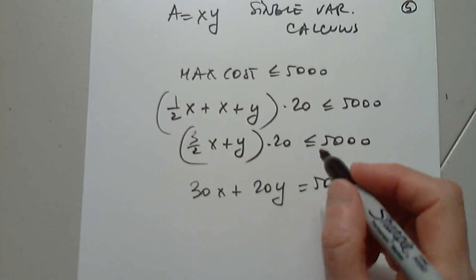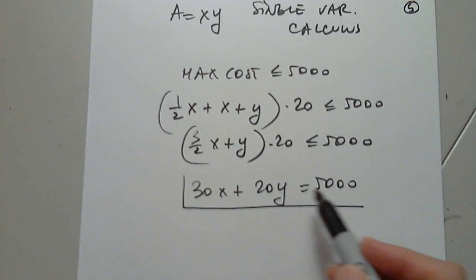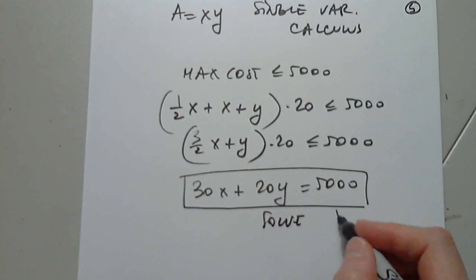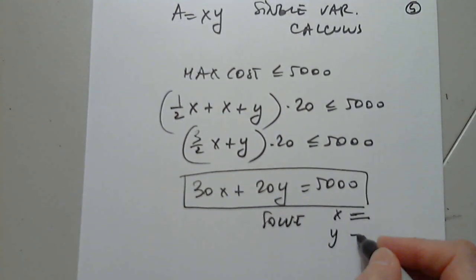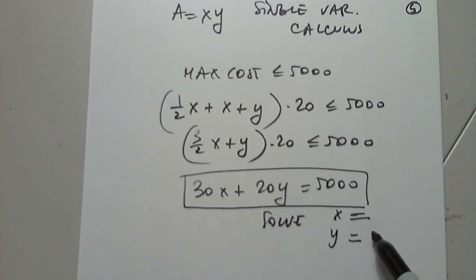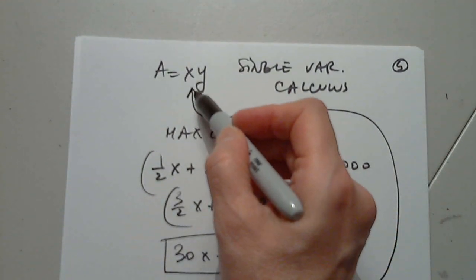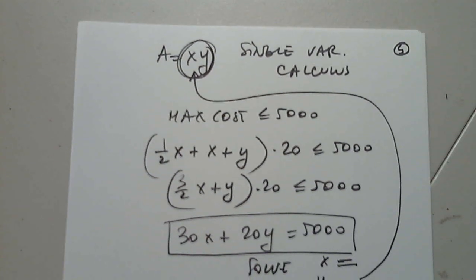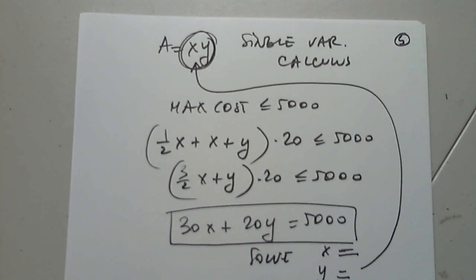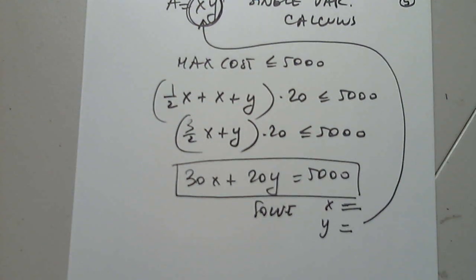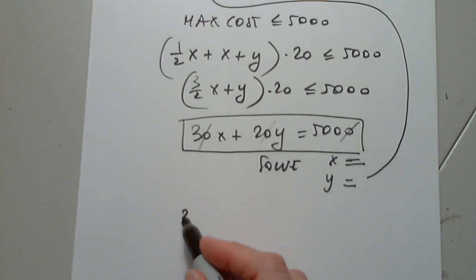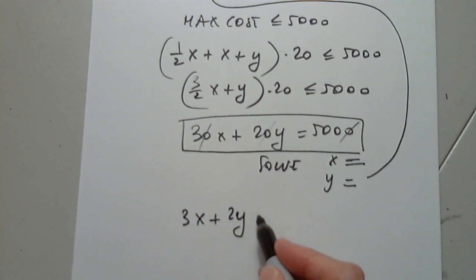So it is less than or equal to, but from here I have to solve either for x or for y. Why? Because one of them has to be replaced in here, so I can get a function in x alone or in y alone. It doesn't matter. So yes, of course, I can simplify by 10. So I have 3x plus 2y equals 500.